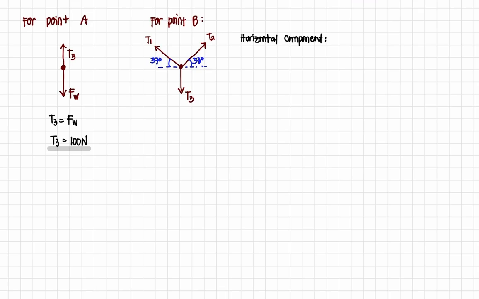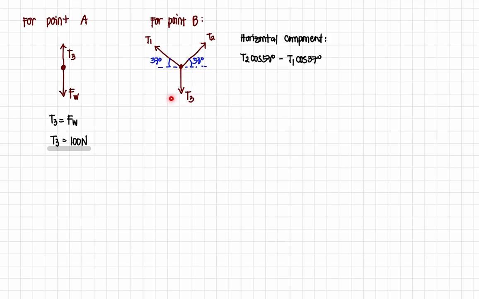So, T2 cosine of 53 degrees, that's positive, no? Directed towards the right. Okay? And then T1 is going to the left, so minus T1 cosine of 37 degrees.